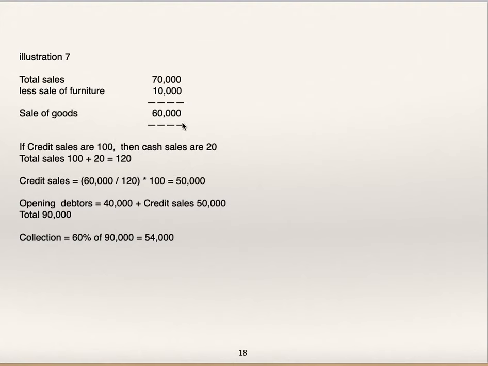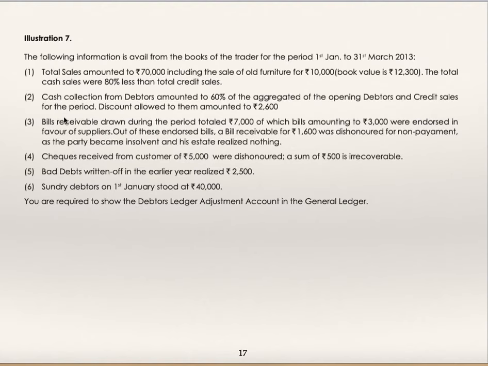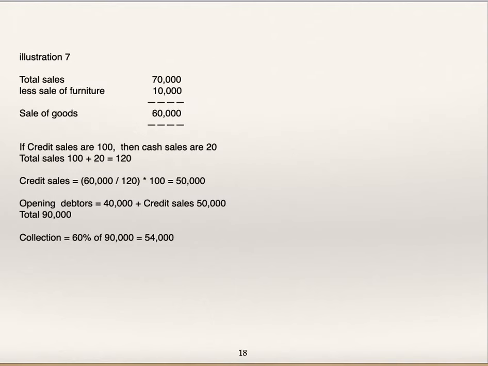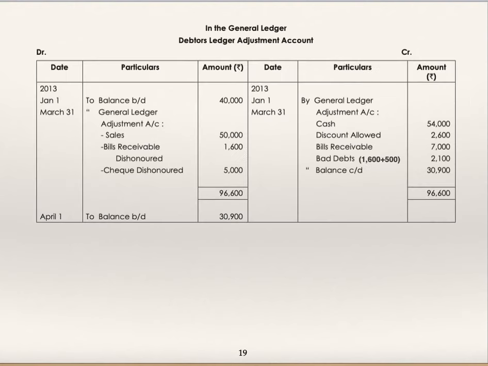When total sales are 60,000, credit sales are 50,000. And collection from debtors is 60% of opening debtors and credit sales. Opening debtors are 40,000 and credit sales are 50,000. So 40,000 plus 50,000 is 90,000. Collection is 60% of 90,000, which is 54,000.